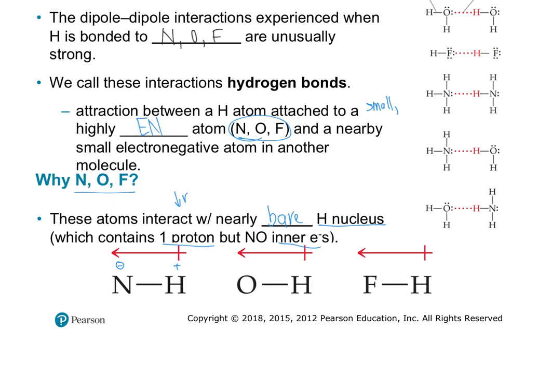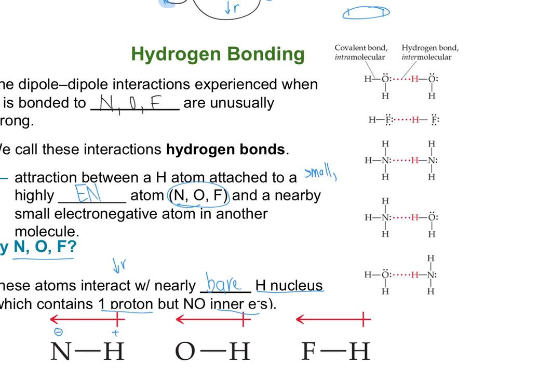So really, hydrogen bonding is just an extreme version of dipole-dipole interaction, but it's so strong it gets its own name. I want to be clear that hydrogen bonding is between molecules. While you need to have a hydrogen bonded to an oxygen, nitrogen, or fluorine, they have to be attached, the hydrogen bond really is between the molecules.